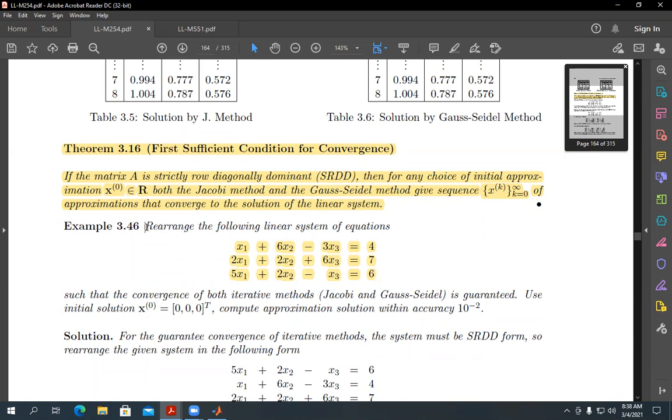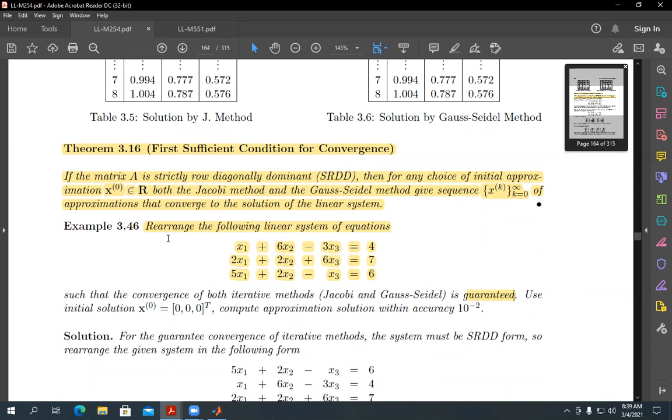I have given this question in the exam many times. I say rearrange your system such that the convergence of the iterative method, Jacobi or Seidel, is guaranteed. When the teacher says rearrange your system, it is 100% guaranteed. He gives you a system that is not STD, and you have to make it STD.